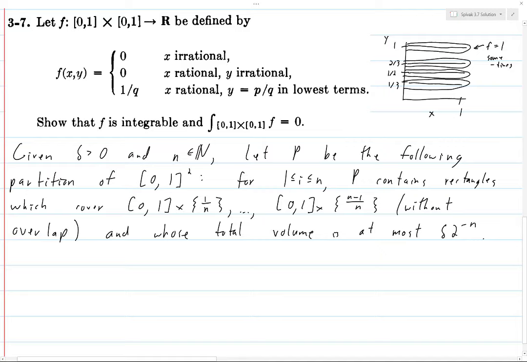And this is possible because the y-coordinate is just a single point. So we can make this interval as thin as we need to in order to ensure that when we add all these up, the volume is at most delta times 2 to the minus n.